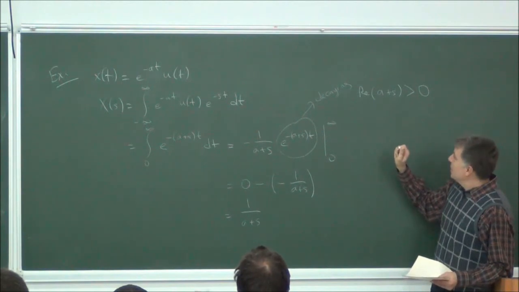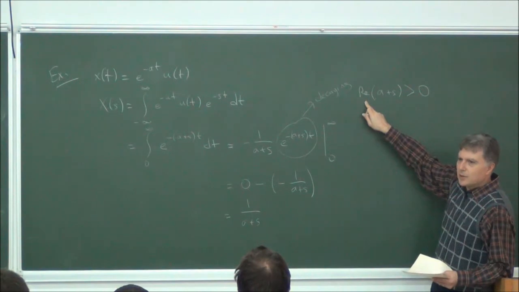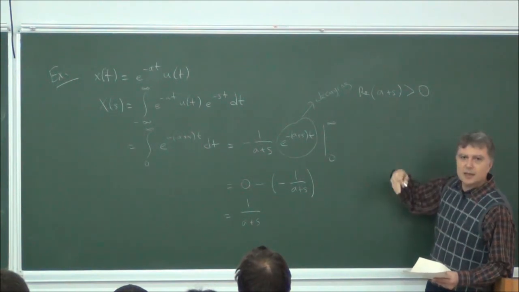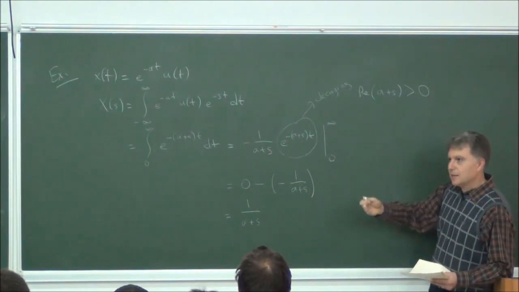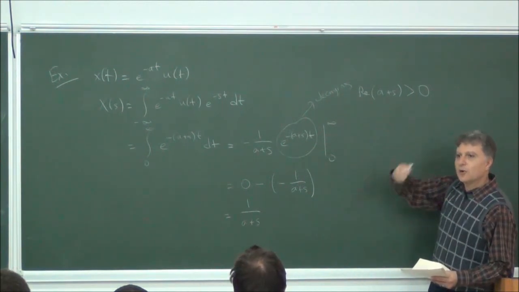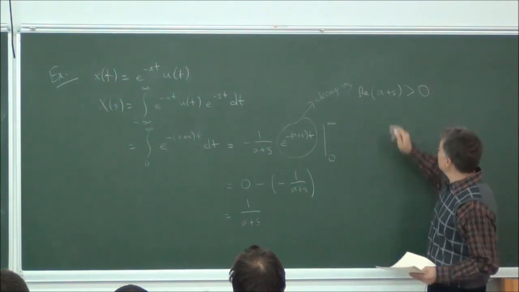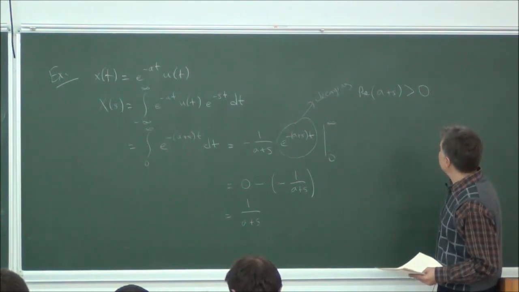Without this real part, the expression makes no sense, because s has an imaginary part and a real part, and the imaginary part only causes oscillation. It doesn't cause an increase or a decrease in the decay. Okay? So the real part of a plus s must be greater than 0.